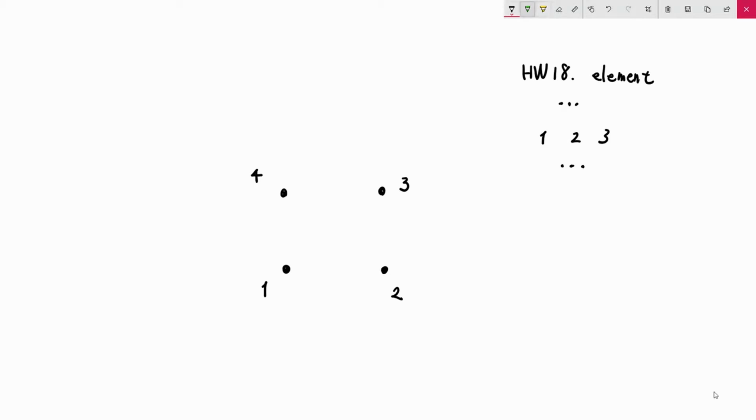Maybe you can easily guess that this corresponds to a triangle which has 3 corner points: vertex 1, vertex 2, and vertex 3. Simply speaking, this single line 1, 2, 3 means that we have an element like this.